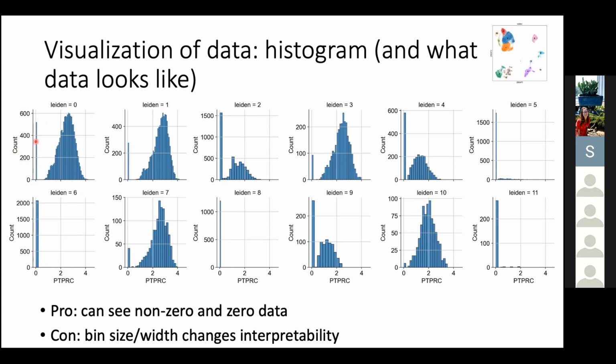So for instance, here, there are, call it 500 cells that have basically 0 expression of this gene. Here, there are 600 cells that have, whatever, 2.1 log normal expression. Does that answer your question?